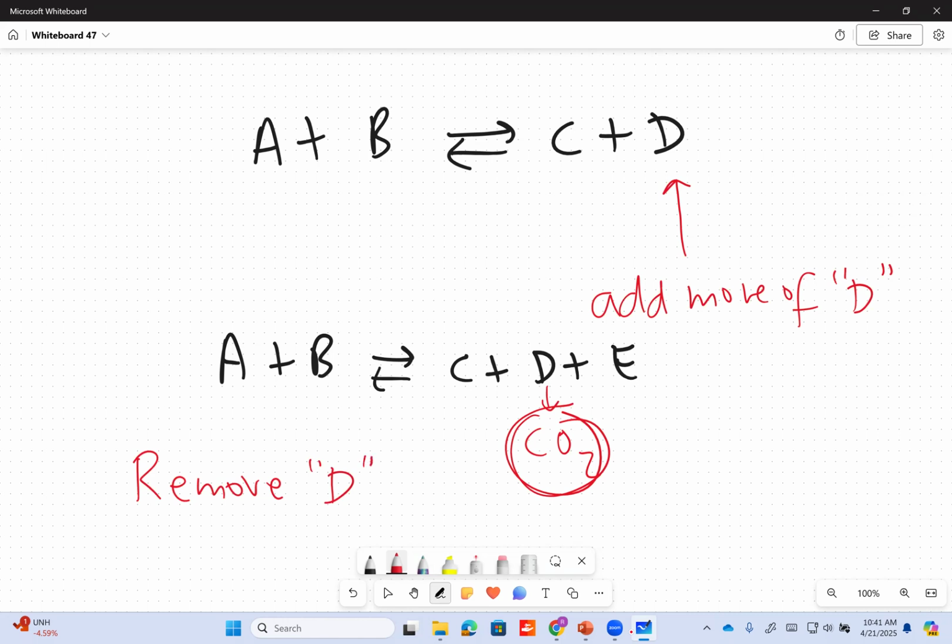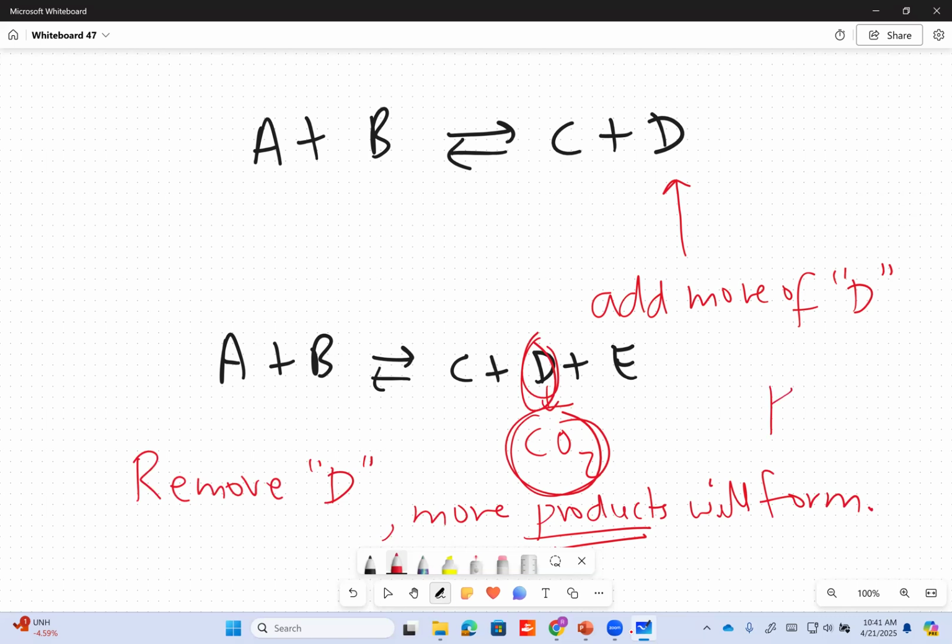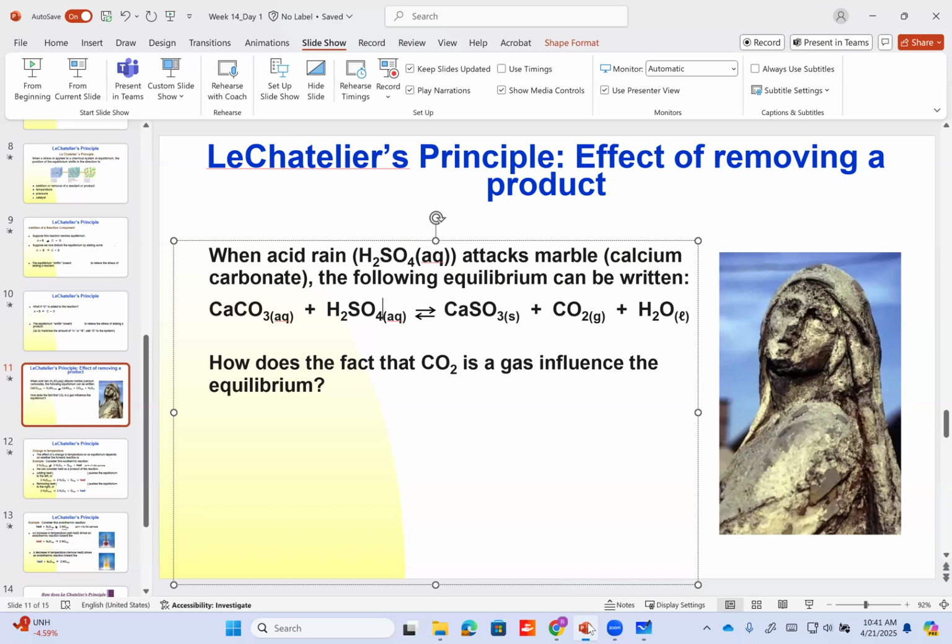If you remove D from this reaction, more products will form. In other words, more reactants will react to form more products, and in the end the equilibrium constant value will stay constant. That's how acid rain works.